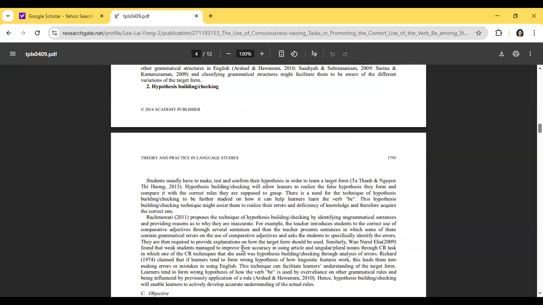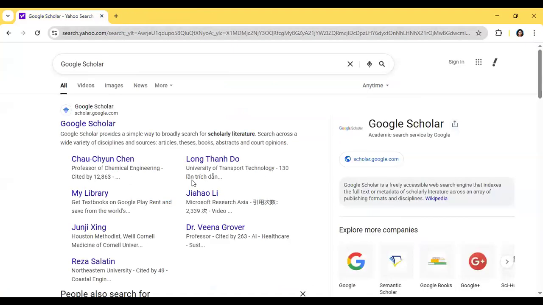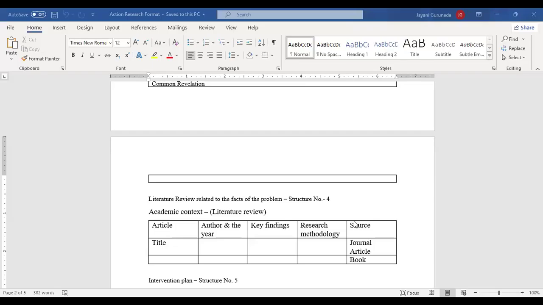If you cannot find it from the abstract, you have to read the article and identify the title, author, year, key findings, and research methodology.